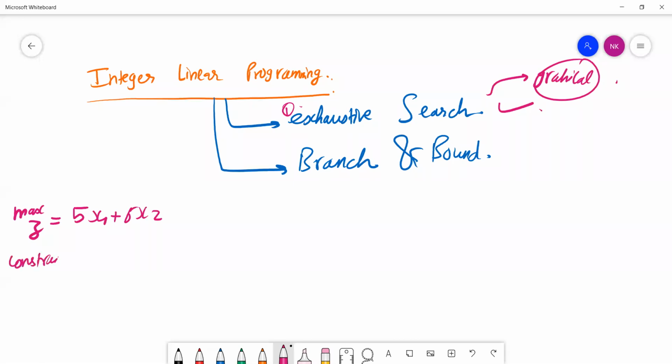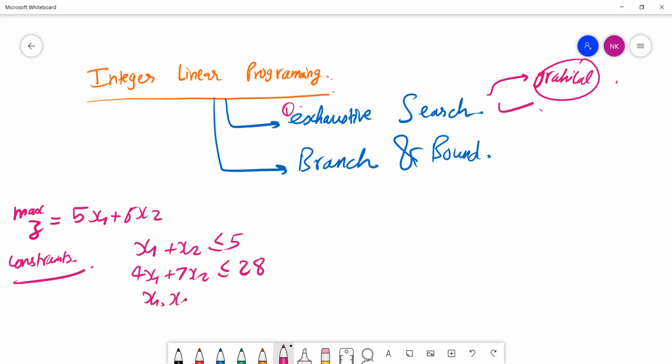The constraints are x1 plus x2 less than or equal to 5, 4x1 plus 7x2 less than or equal to 28, x1, x2 greater than or equal to 0. And one more thing that will be added is that x1, x2 are integers.